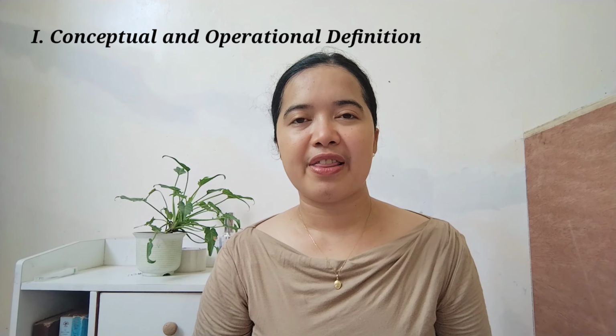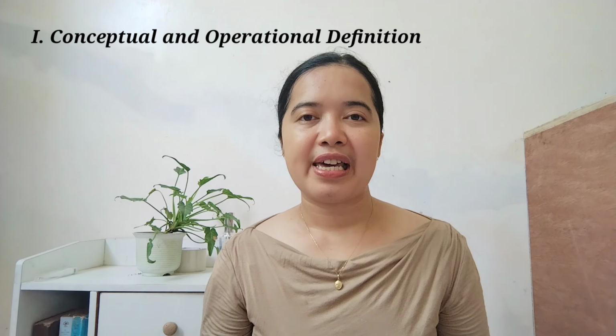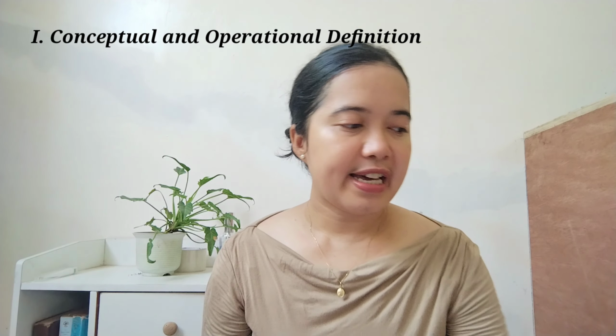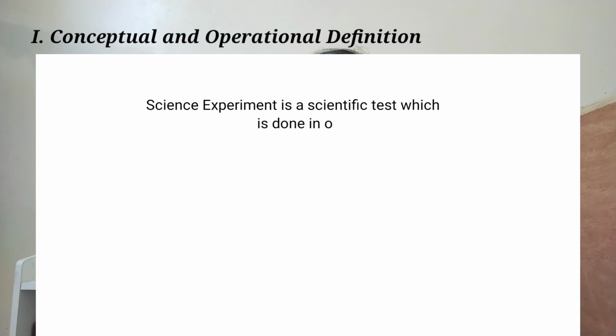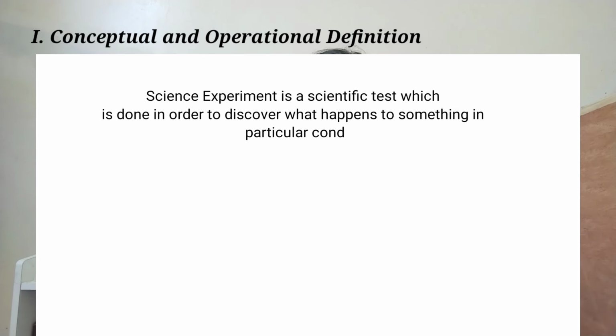We'll start with the key term, science experiment. Science experiment is a scientific test which is done in order to discover what happens to something in particular conditions. This is according to Collins in the year 2021.